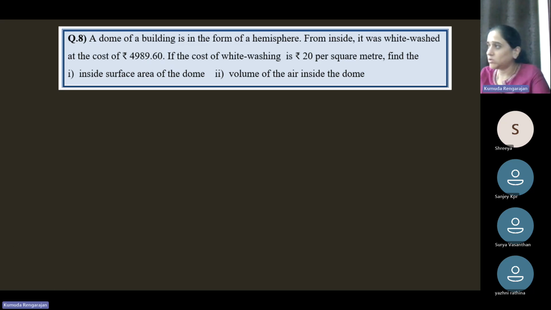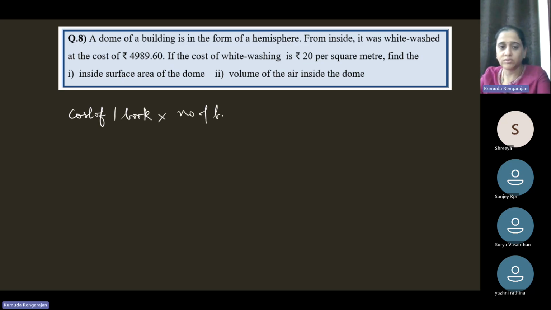Before we go to this, we'll just understand a general equation. Cost of one book into number of books is equal to the total cost, or the total money you spend on books, right? All right.